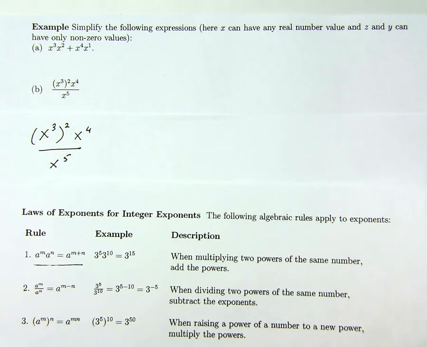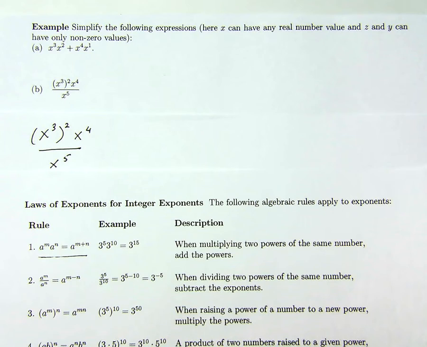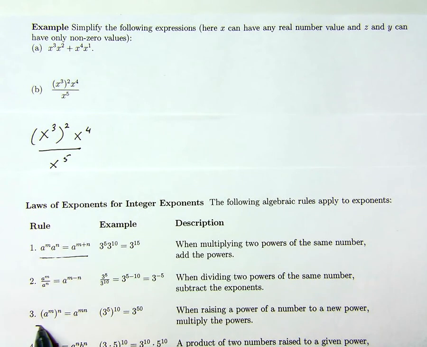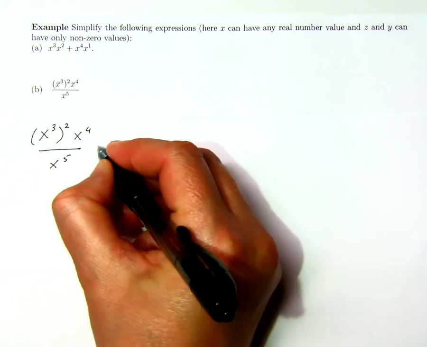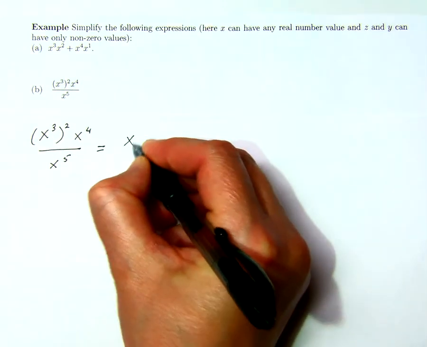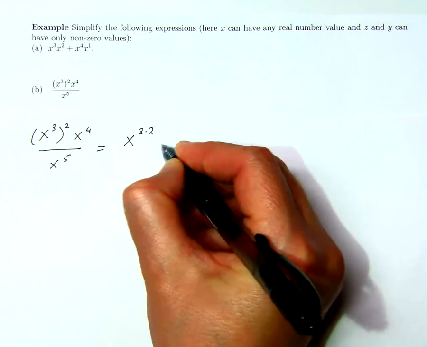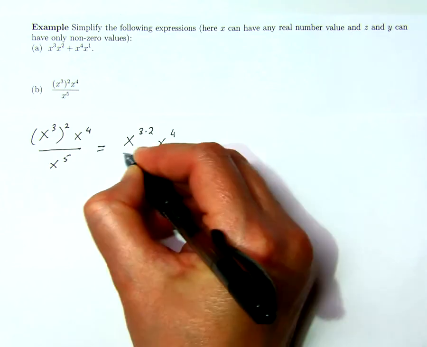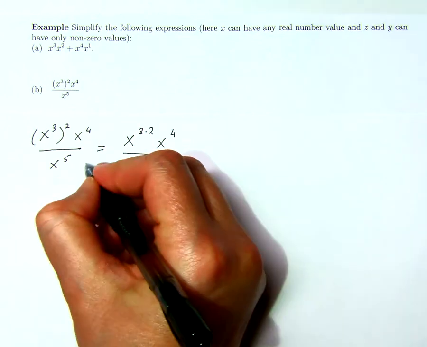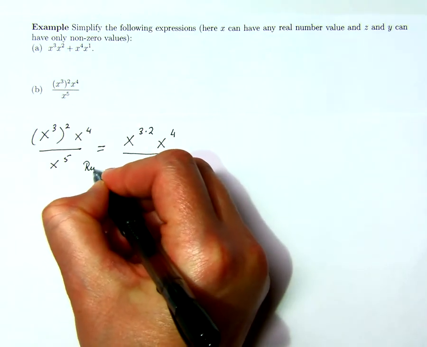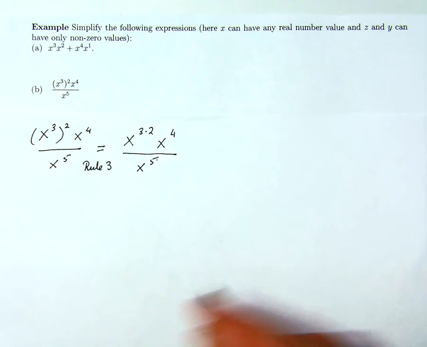For that we're going to use rule number 3 here, which says a to the m to the power of n is a to the m times n. So I must multiply the exponents here, and I get x to the 3 times 2 times x to the 4 over x to the 5. And if you look in your notes, that's rule number 3 I'm applying.